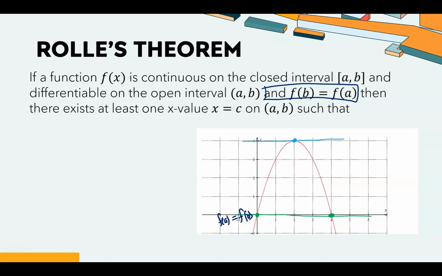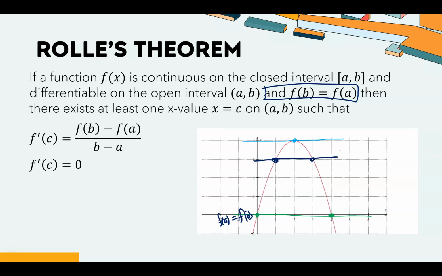If they're equal, then we're guaranteed not just a tangent line equal to the slope of the secant line, but if those y values of the endpoints are the same, like let's say that secant line was up here, and a and b are somewhere else, then we're always going to get a horizontal tangent line.